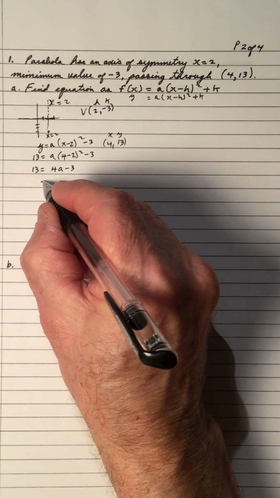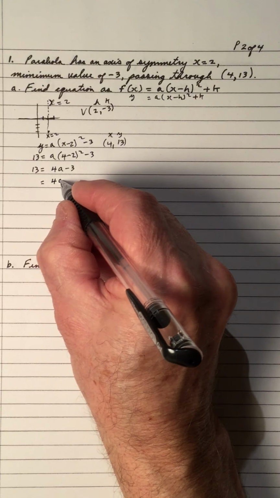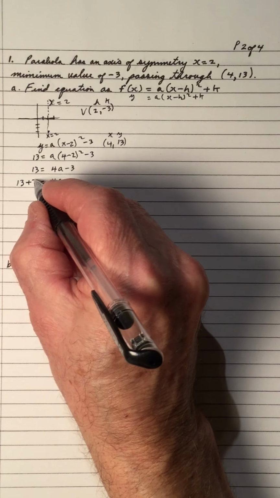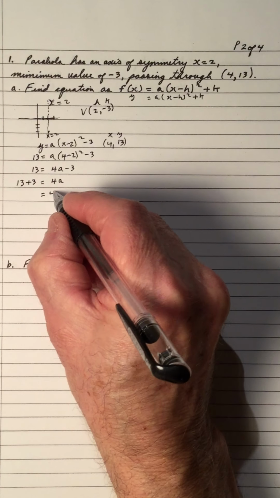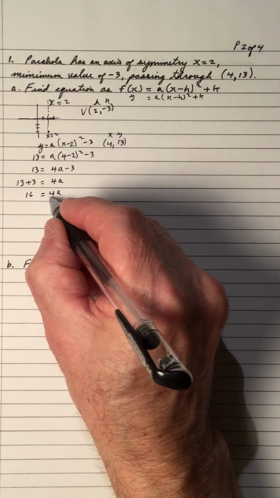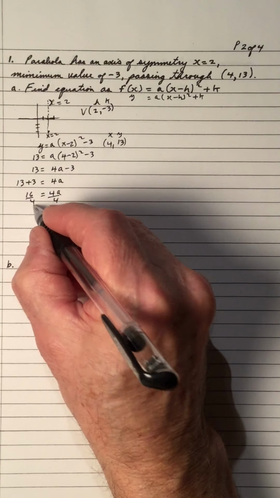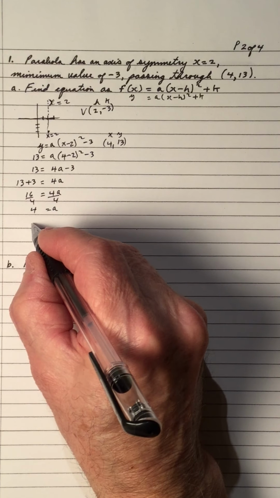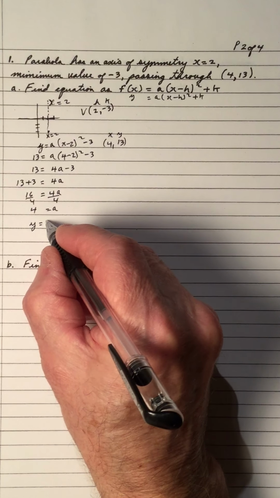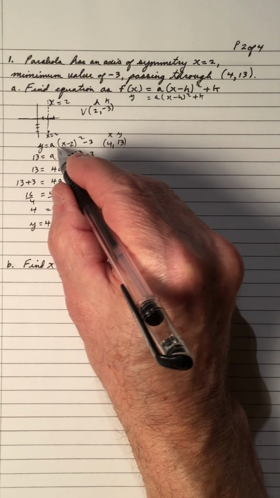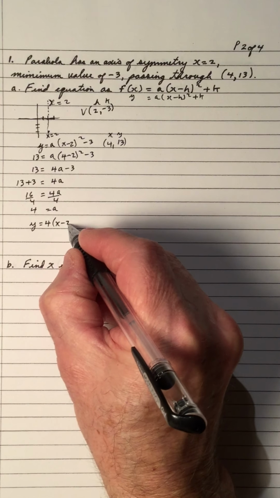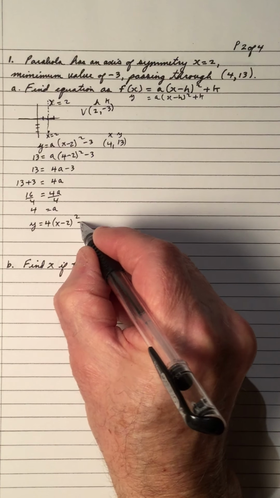I'll leave the 4a on the right side and move the negative 3 to the left side to become plus. So 4a equals 16, and dividing by 4, I have a equals 4. So the equation is y equals 4 times (x minus 2) squared minus 3.